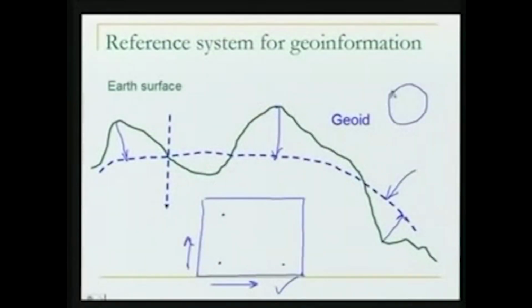Well, as we said, the geoid is an equipotential surface, and if our earth is a perfect sphere, its geoid will also be spherical, provided the distribution of the gravity force all over the earth is uniform, or we can say the mass of the earth is uniform.